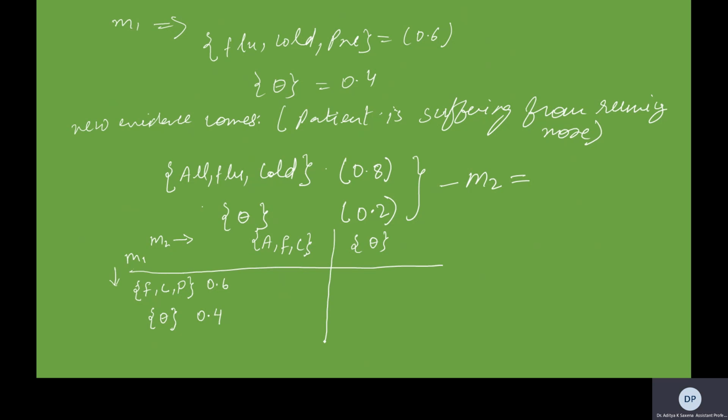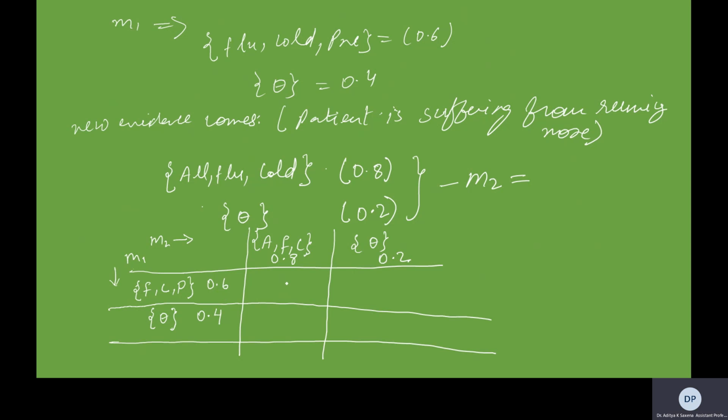Draw proper lines. Now the AFC value in M2 is given as 0.8 and for theta it is given as 0.2.